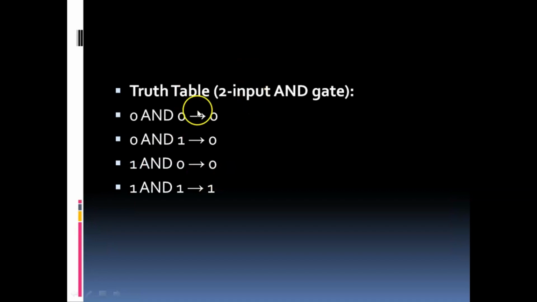So this is the truth table of the AND gate when two inputs are used. Here you can see this is A and this is B. When they pass through the AND gate, what result comes? It gives you the output as 1, or high, only when both the inputs are 1. You can see that here: one input is 1 and the other input is 1, so you get the output as 1.